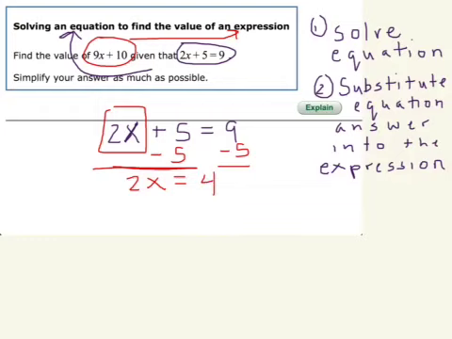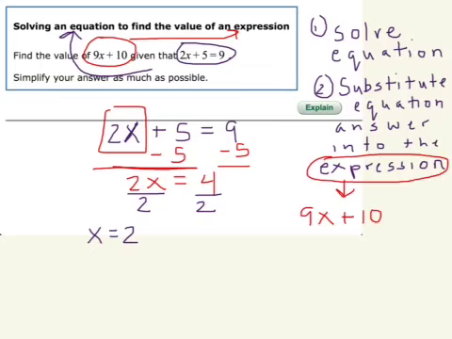And our final move, if the x is being multiplied by 2, we will undo that by dividing by 2. And here we go. X is equal to 2. That is our answer.